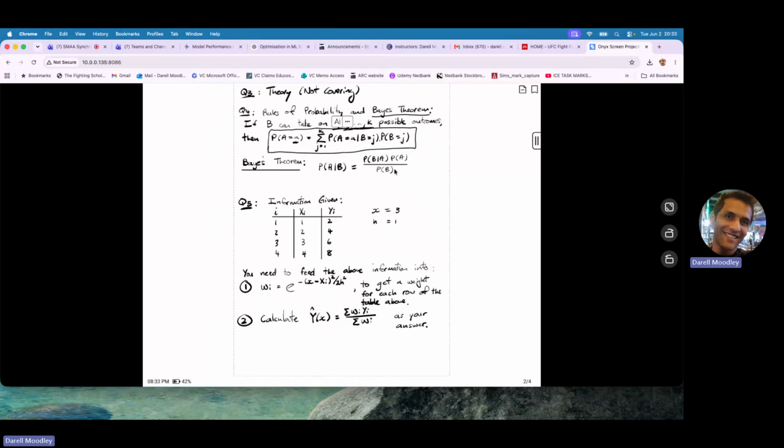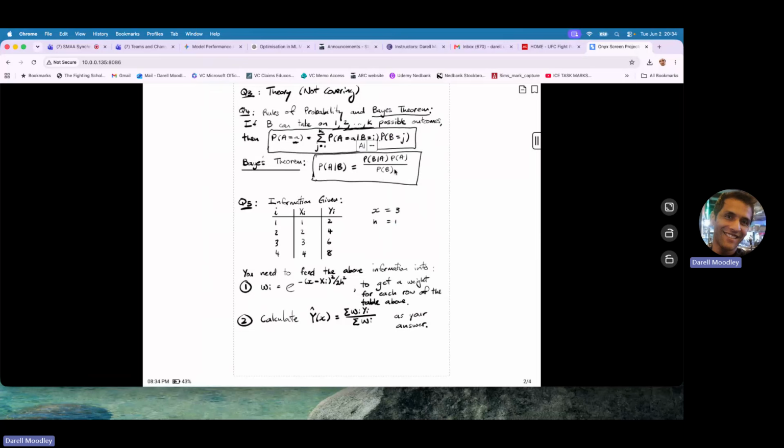And then the other theorem that you will use in this question is Bayes' theorem. You don't need to prove it, you just need to know how to use it. So this is Bayes' theorem. Probability of A given B is equal to the probability of B given A times the probability of A divided by the probability of B. And you, once again, need to determine what events are going to be your A and B. Look at the question.